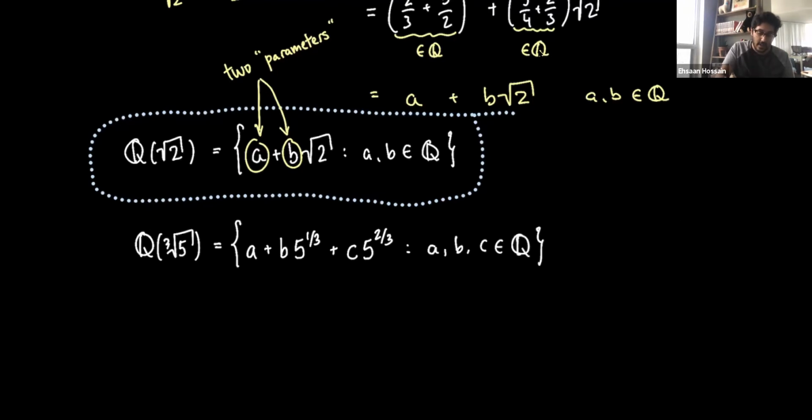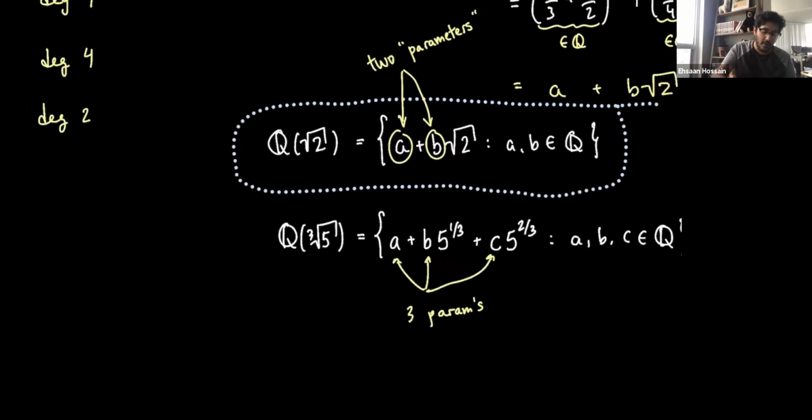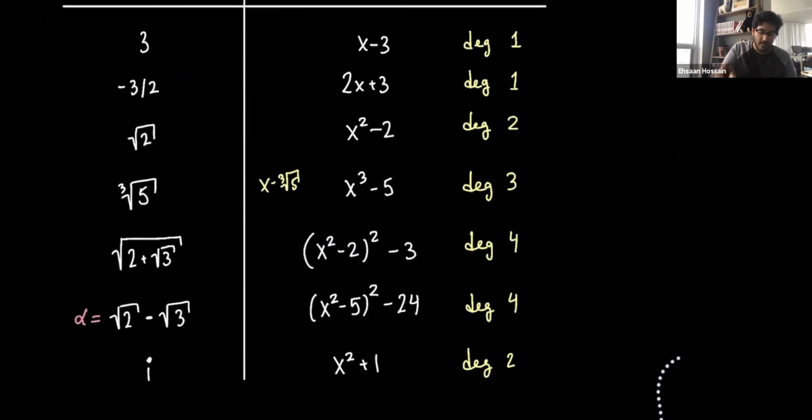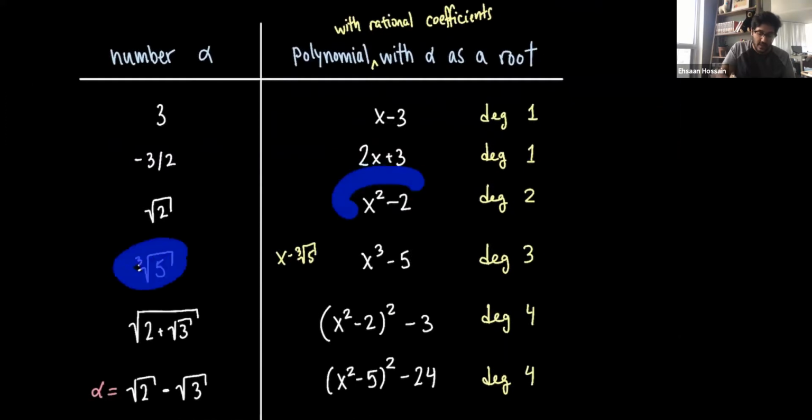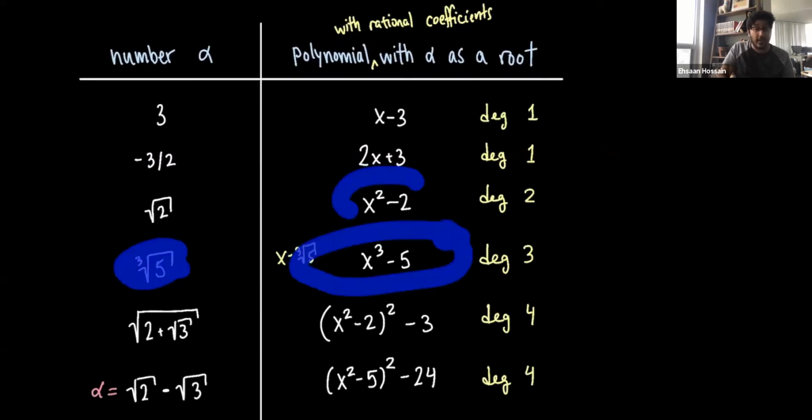And you can see, again, I have 3 parameters this time. We took a number that was a root of a polynomial, in this case the cube root of 5, and we made a field out of it.